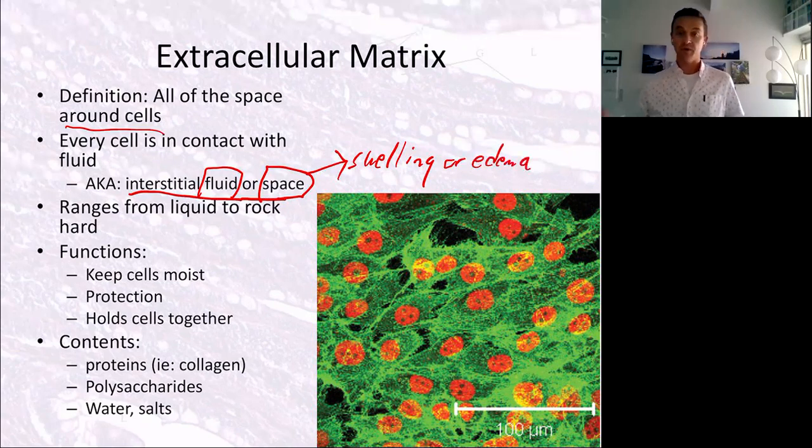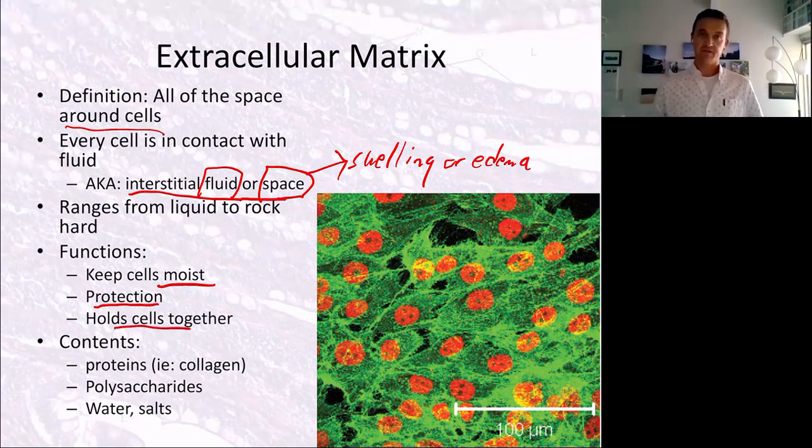This ranges drastically. It can be super liquidy, like the blood, or it can be hard as rock, like the bone. Those are both different tissues of the body. The functions of that extracellular matrix are, number one, to keep the tissue moist, to protect that tissue, and help to hold cells together.